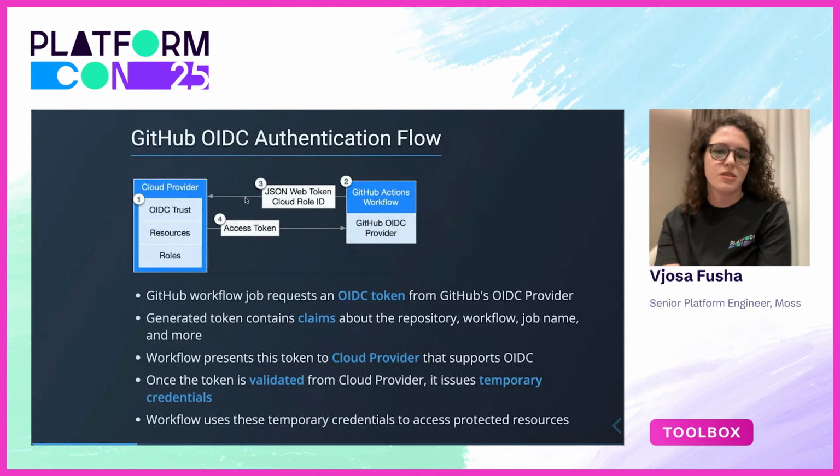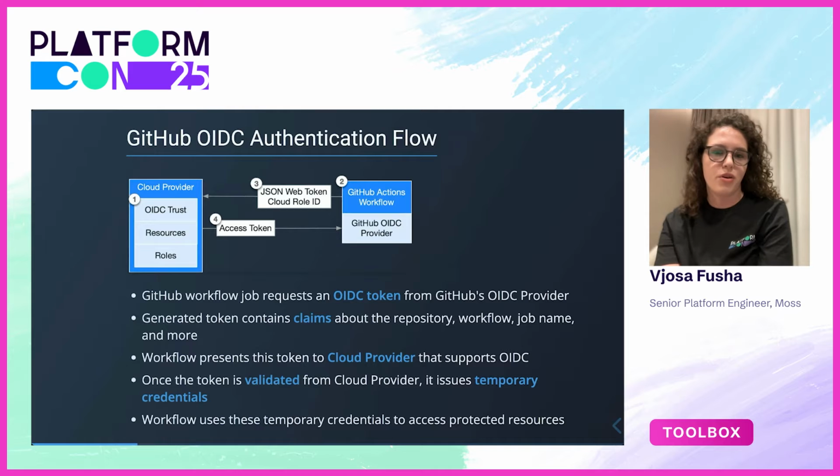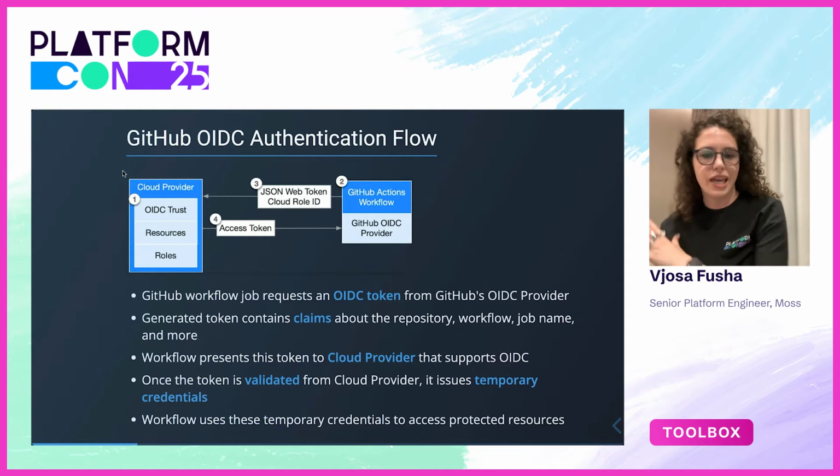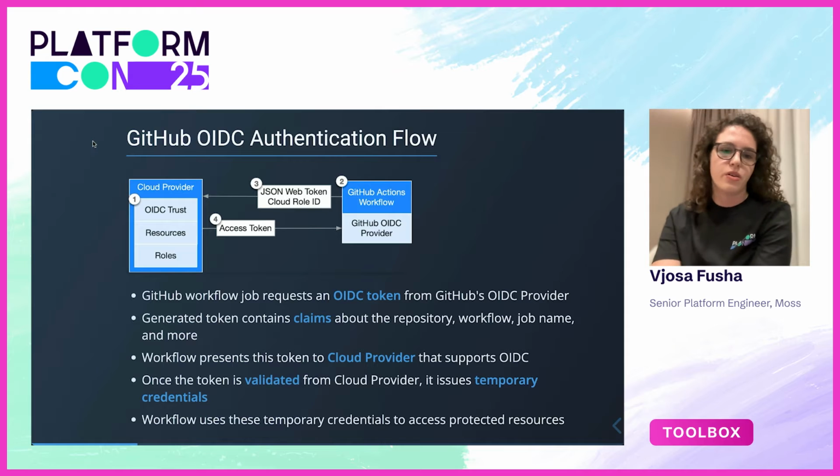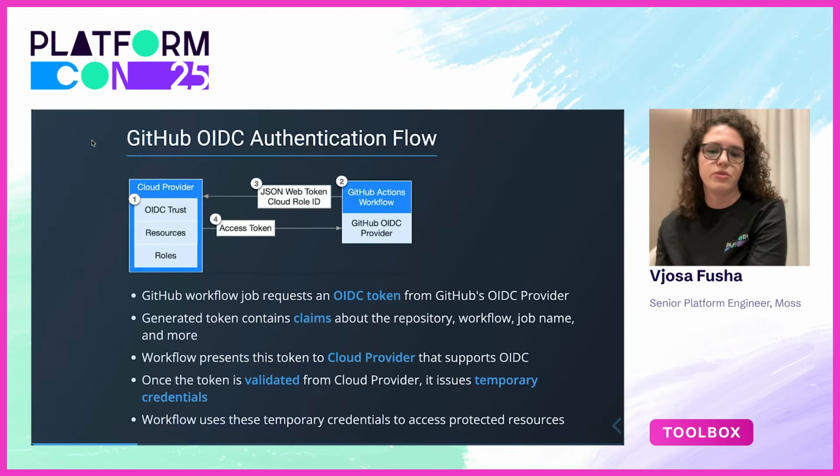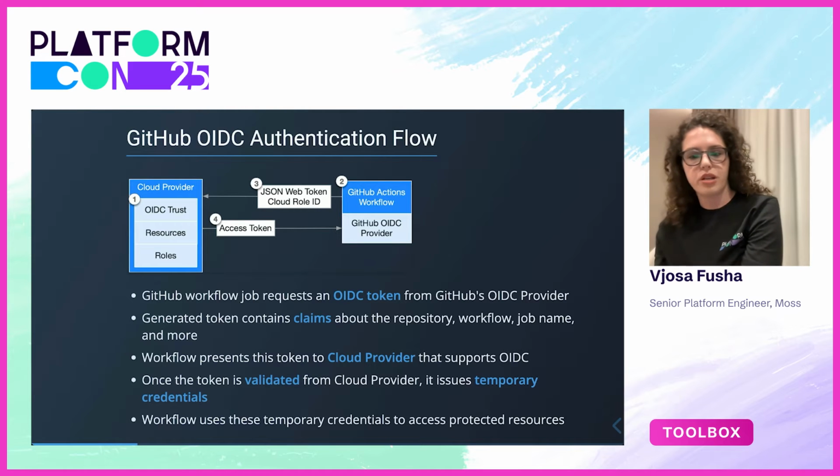Now, just a little bit on how GitHub OIDC authentication flow works. First, we need to define this trust between GitHub OIDC and a cloud provider. Then during our GitHub workflow job, it requests an OIDC token from GitHub's OIDC provider. The generated token contains claims about the repository, workflow, job name, and more.